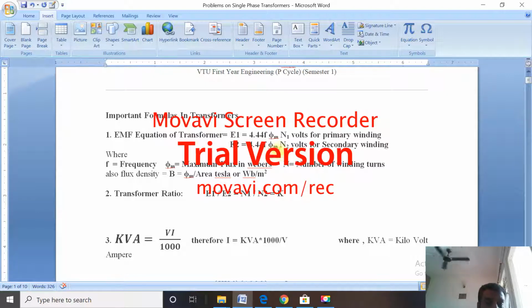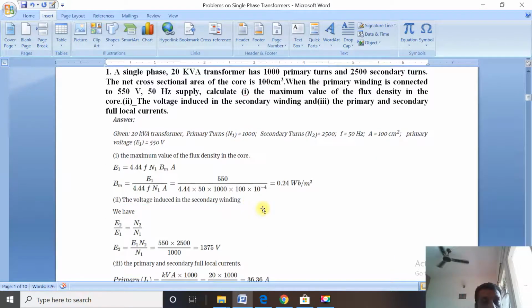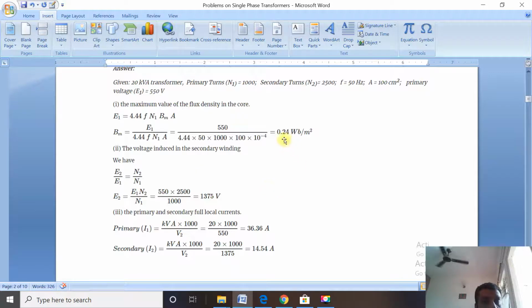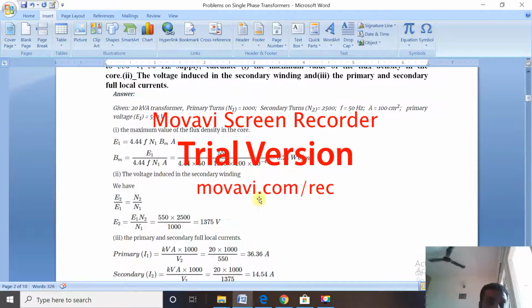In the place of phi_m, I substitute B into area. B is already calculated and area you already know. Substitute in that formula and you will get the answer. Are you getting the point here?